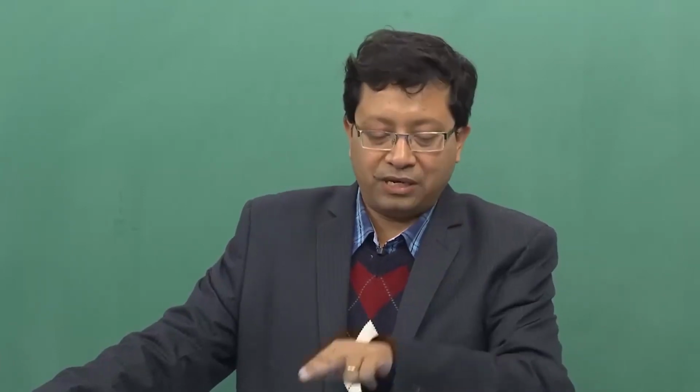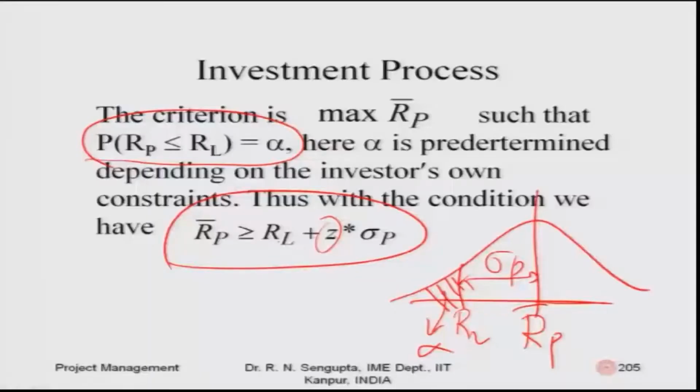So, I am only trying to maximize one objective, which is R bar p, based on the fact this is alpha. As it increases, the difference increases, and I want to find out that value of z which is maximum and take my decisions accordingly for the safety first principle, which is the third criterion.